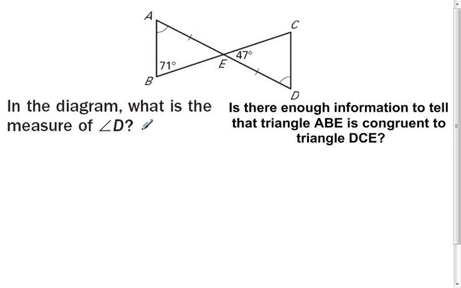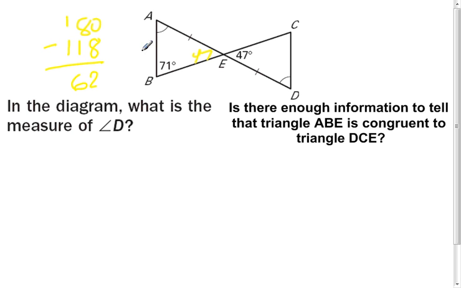Okay, in the diagram, what's the measure of angle D? Well, we notice right away, vertical angles, they keep coming up. They're not going to disappear. Alright, vertical angles, so this has to be 47. And if that's 47, we can add up those angles. We get 118, subtract it from 180. What's left over?